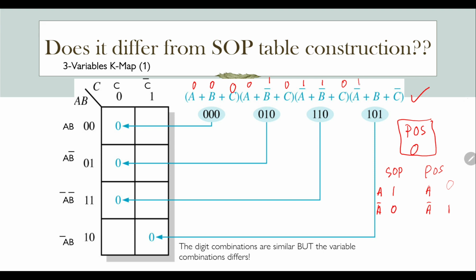So this way you locate: 0 0 0 is here, 0 1 0 is here, 0 1 1 is here, 1 0 1 is here. Okay, this is the way that I teach you how to locate them in the K-map.